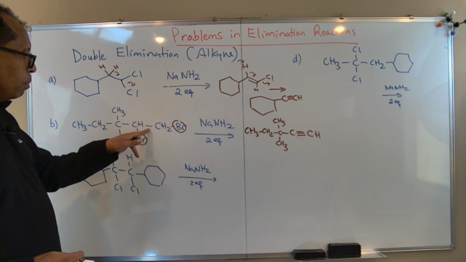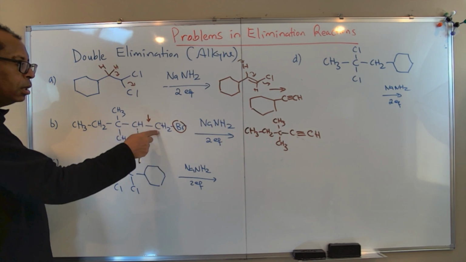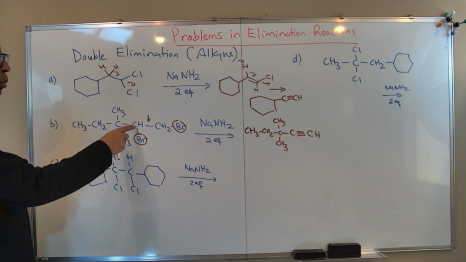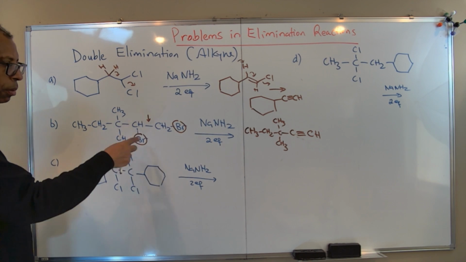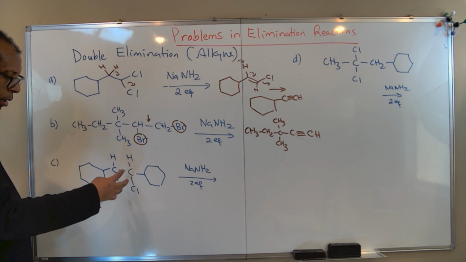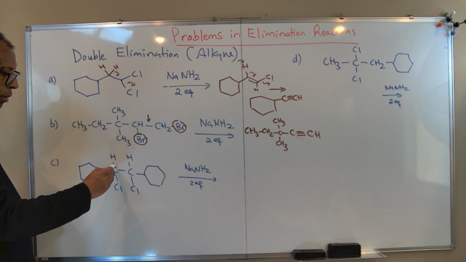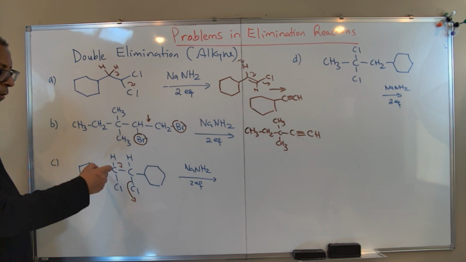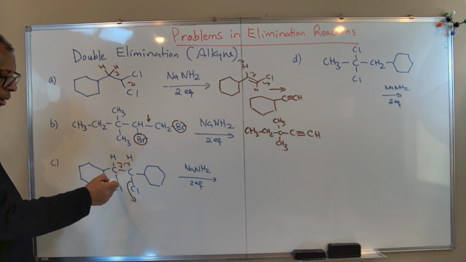So there is a triple bond right here. The triple bond is formed between these two carbons because you have two hydrogens on a beta position, two bromines on the alpha position. Here you have a chloride that can leave, and a hydrogen. So the first one, for example, if it leaves this way, this hydrogen leaves, this one leaves, it gives a double bond, then this hydrogen would leave and that would leave.